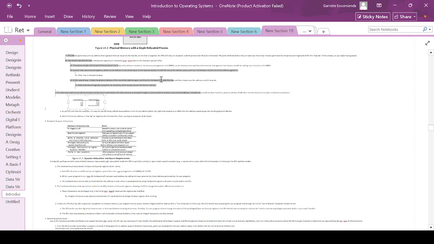In one way, as above, it holds the size of the address space, such as the 16 kilobytes of the process, and thus the hardware checks the virtual address against it.